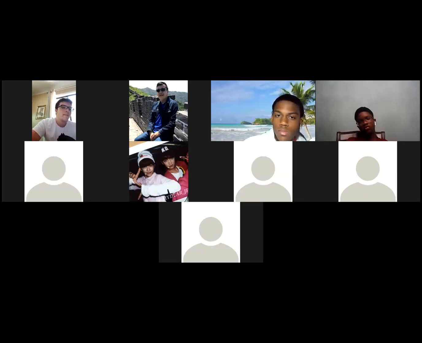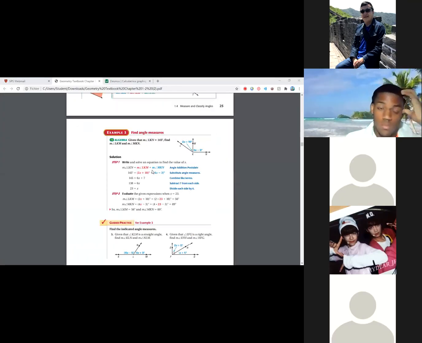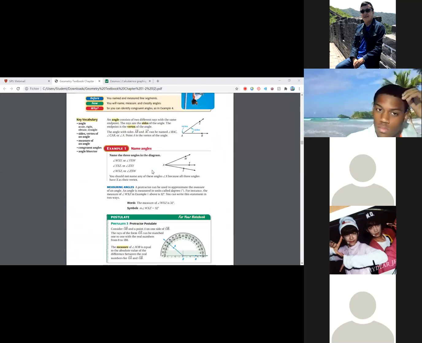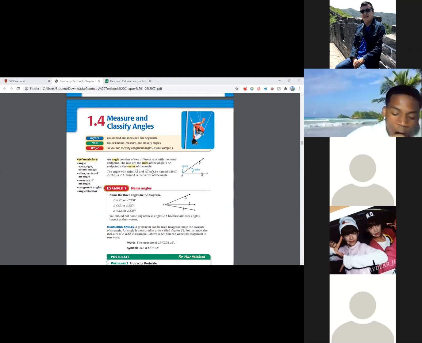But what you should do is go through their example problems, like you can see here. Oh wait, actually I'm still showing the whiteboard. Sorry. Okay. So for homework, just read through lesson 1.4, measure and classify angles.